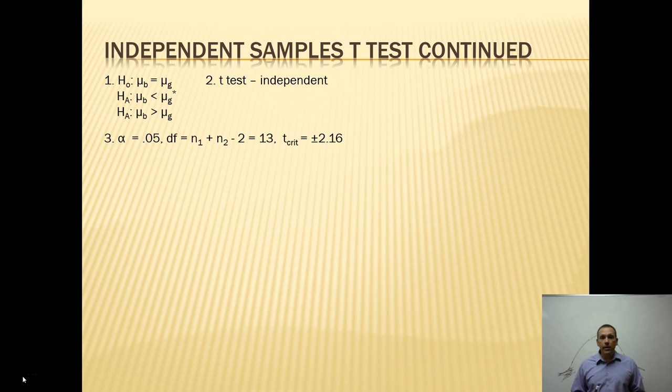For an independent samples t-test, you take the size of group 1 plus the size of group 2 and you subtract 2. In this case, we had 7 boys and 8 girls for a total of 15 participants. Subtract 2 from that, and now we get 13. So now we know we have an alpha of 0.05 and degrees of freedom equal to 13.